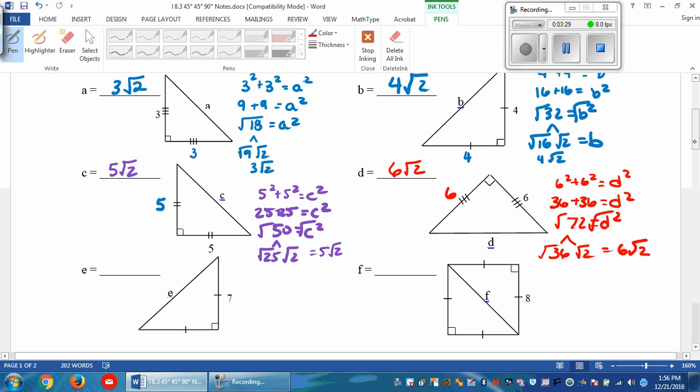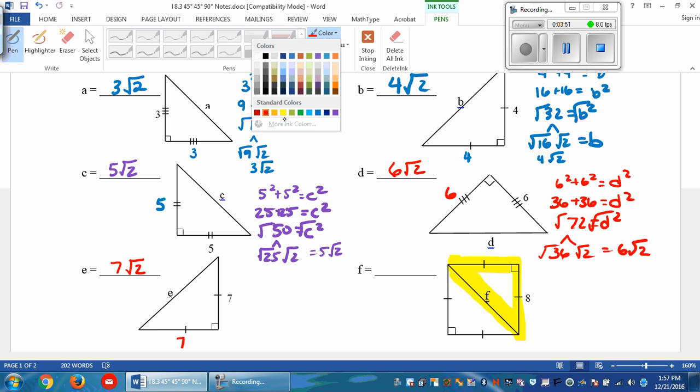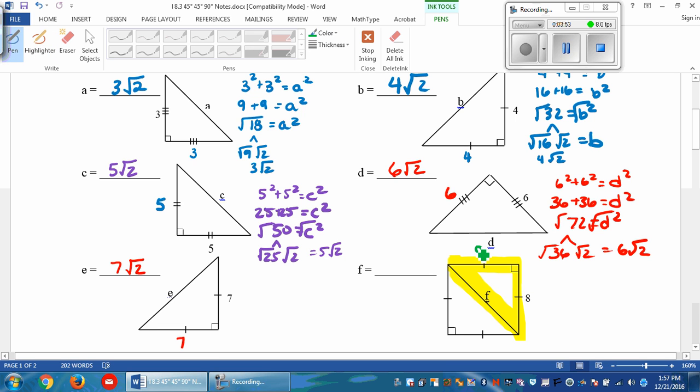If I go down without actually doing any work here, if the sides are 7, what should the hypotenuse be? 7 root 2, you're right. And in this one, it's an isosceles right triangle, and the sides are 8, so the diagonal should be 8 root 2.